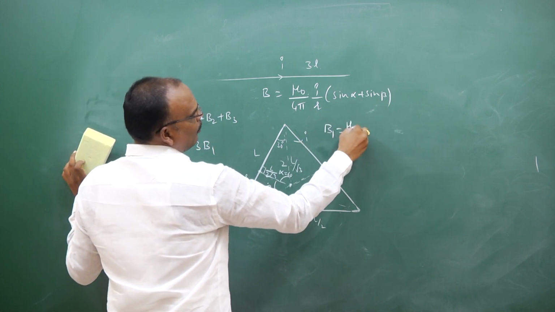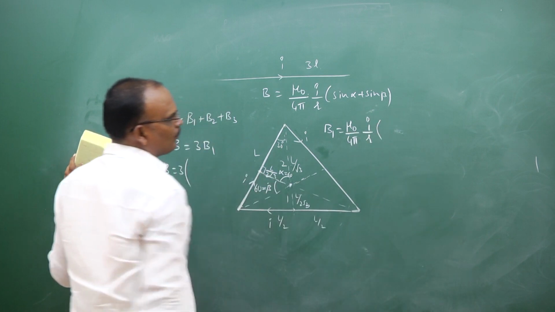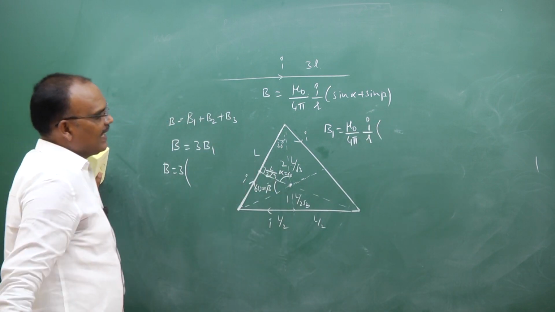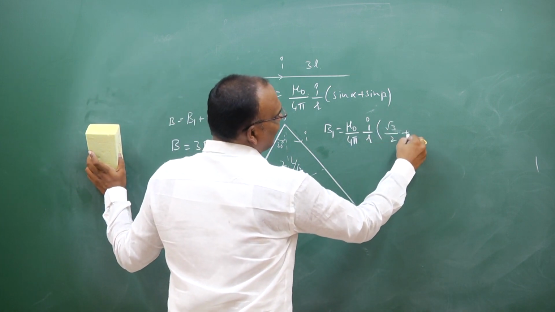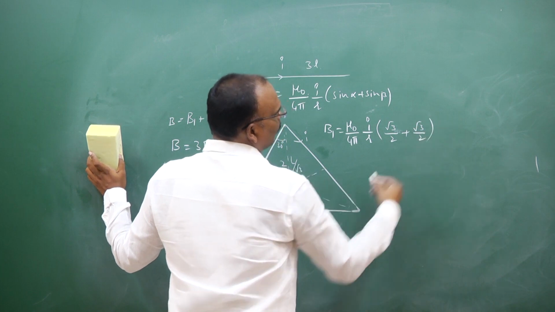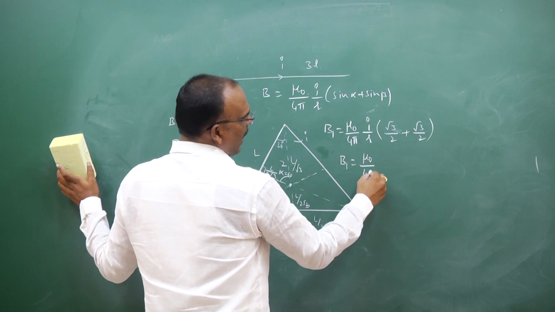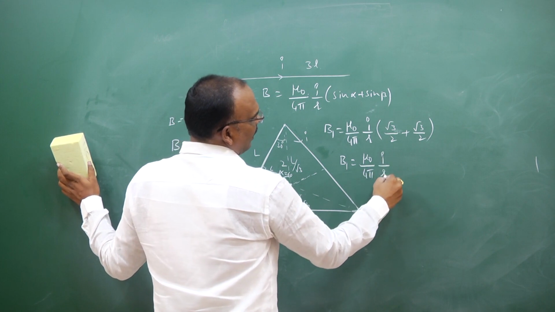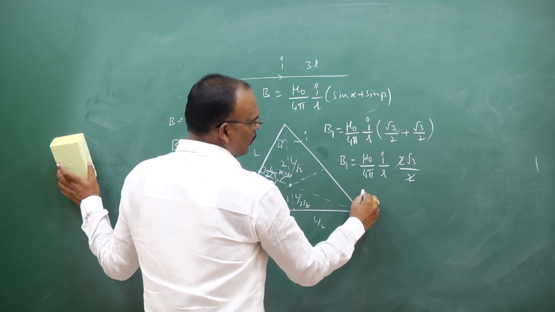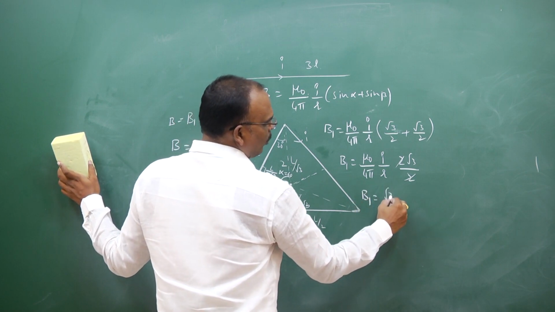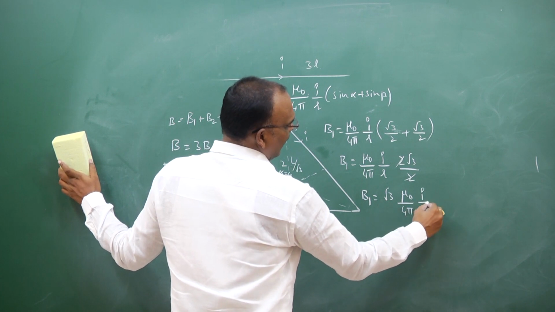B1 is mu naught by 4 pi I by R into, alpha is 60, sin 60 is root 3 by 2, plus sin 60 is again root 3 by 2. So B1 is equal to mu naught by 4 pi I by R into 2 root 3 by 2. 2 cancels. So the value of B1 is root 3 times mu naught by 4 pi I by R.